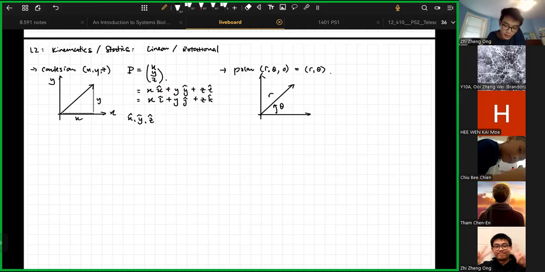I'm not saying the other way is not useful; it's equivalently useful. I'm just saying that when you take derivatives or integrals, sometimes the unit vectors may change, so you have to be a little bit careful. So these are unit vectors, they have magnitude one, and they're just there to represent orientation.